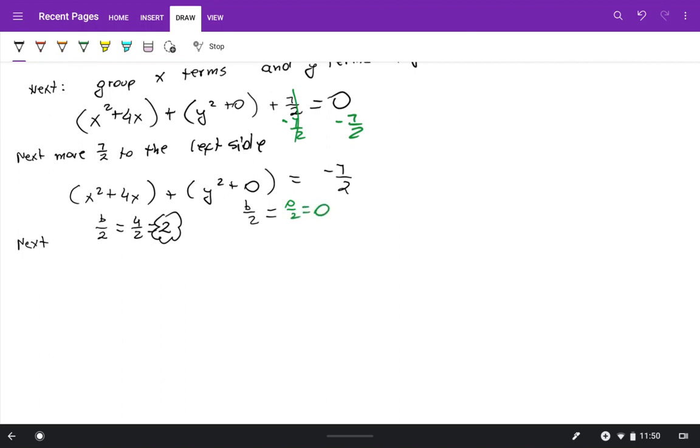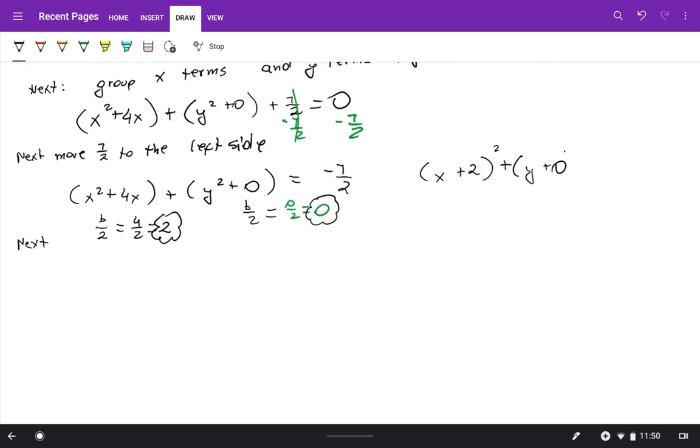You remember the shortcut which I gave you, that the standard form will look that way: x plus b over 2, which is 2, squared, plus y plus b over 2, which in our case is 0, squared, equals the constant plus b over 2 squared plus b over 2 squared.